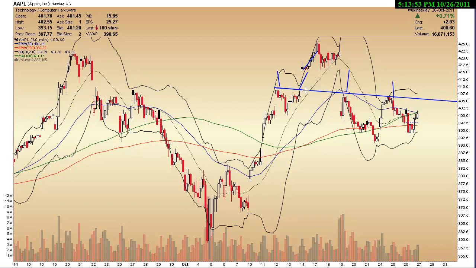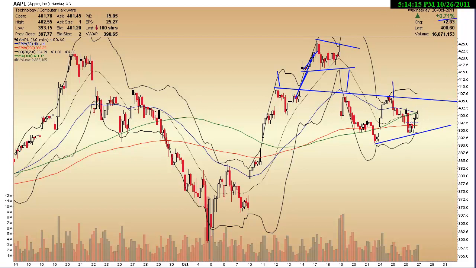sellers did sell into this level until it had the gap higher, and clearly those levels weren't supposed to hold. And what we're seeing now from a bullish standpoint is we have a higher low, and we had a pretty decent close today, and remember, it's off the 50-day moving average.